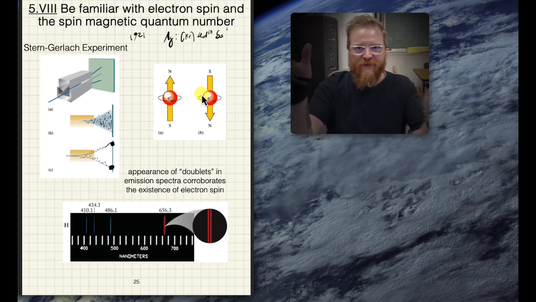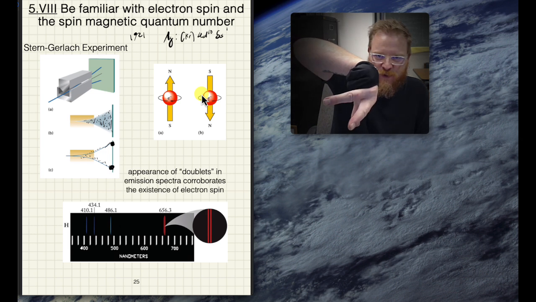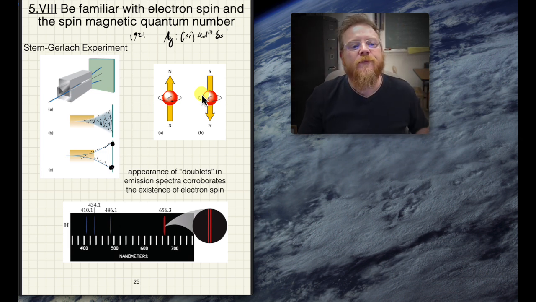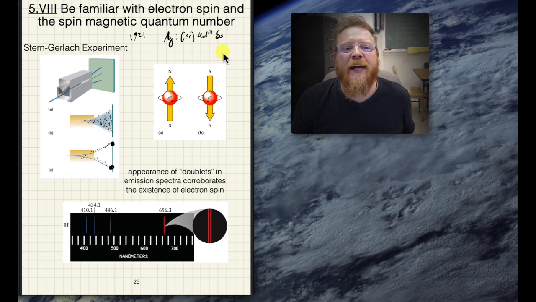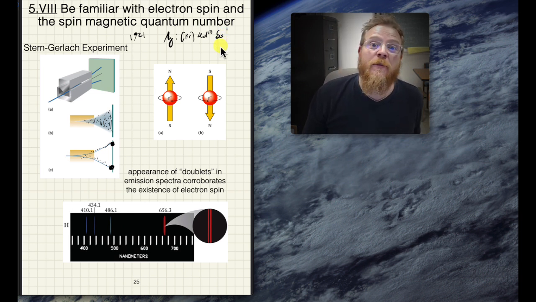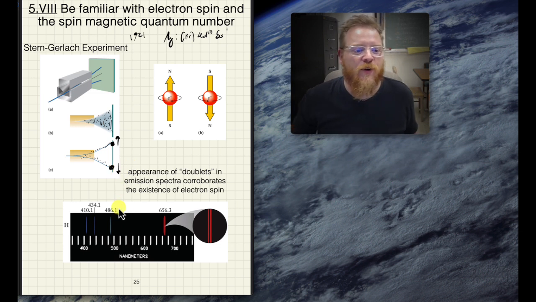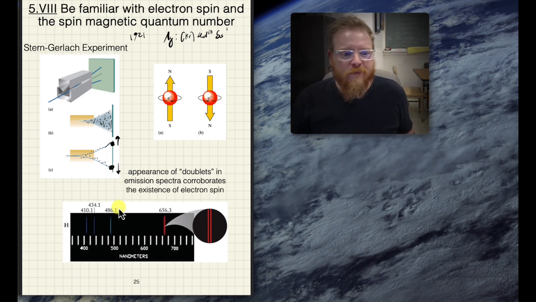So not two right hand, left hand, it is another one of these right hand rules. When we have a large collection of something like silver atoms, we would expect equal probabilities of them being either spin up or spin down, which is exactly what we saw here. So some electrons are spin up, some electrons are spin down.